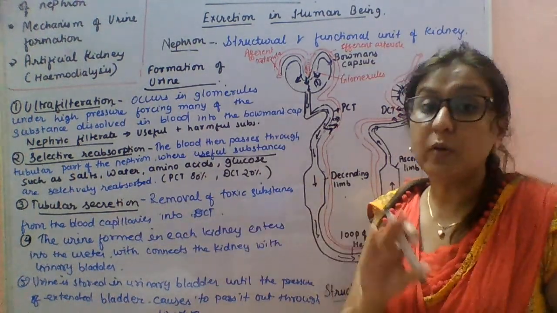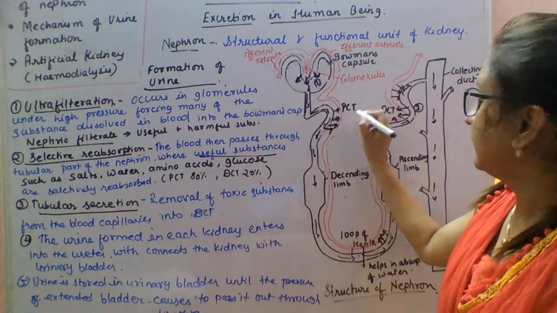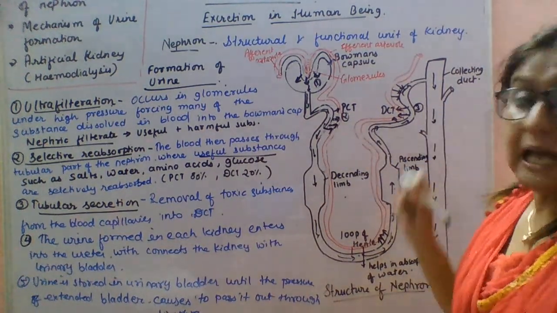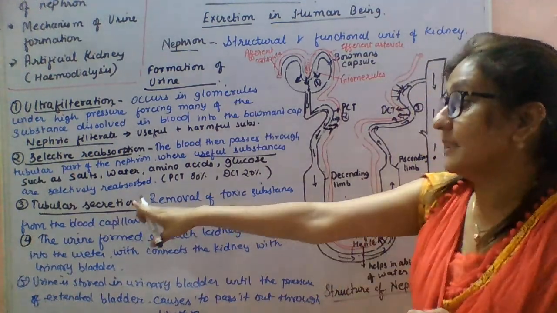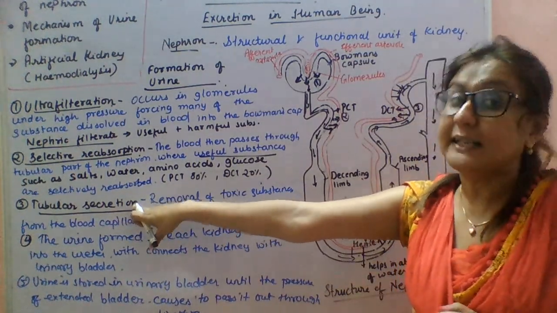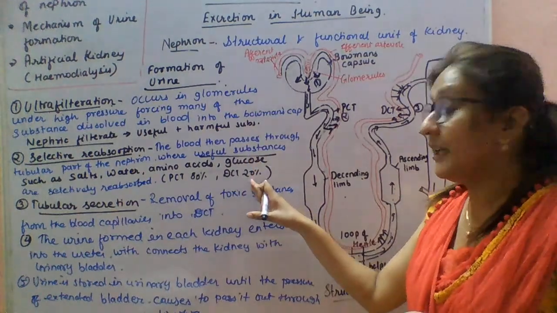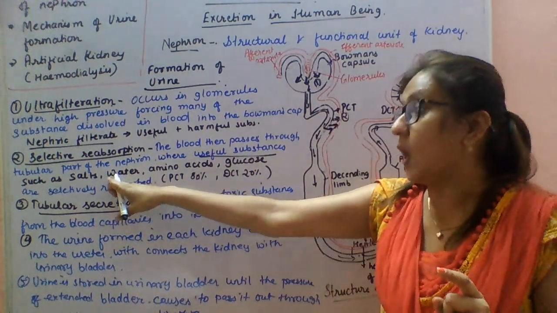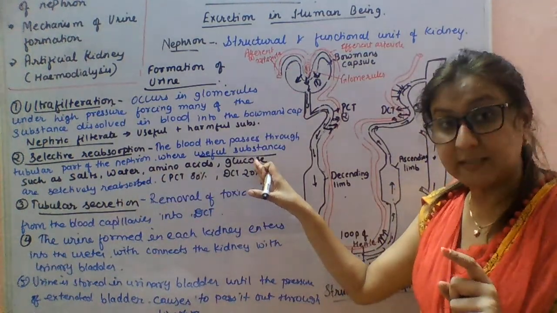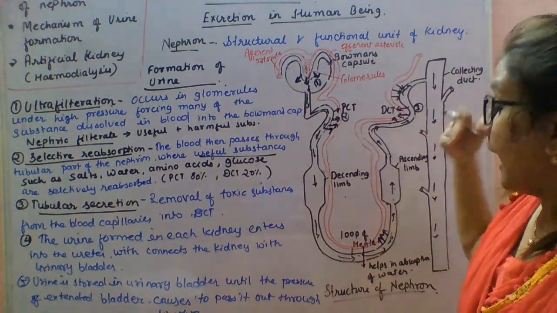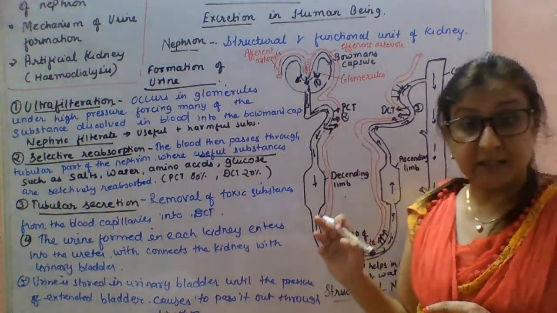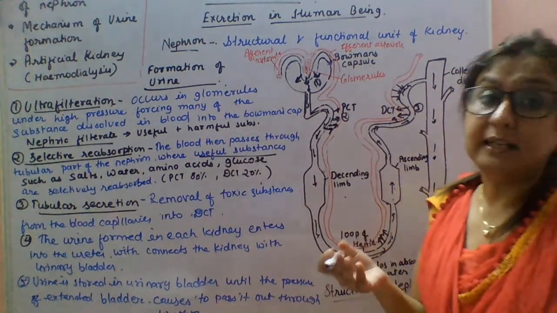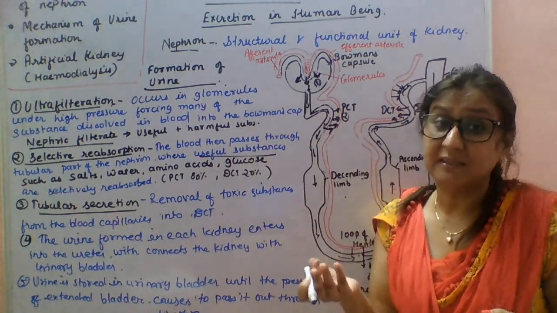Selective reabsorption is the second process, and now the third process, tubular secretion, will occur in the DCT. Here the remaining 20% absorption of useful substances, that is salt, water, amino acids and glucose, takes place, along with the removal of toxic substances from the blood capillaries into the DCT.